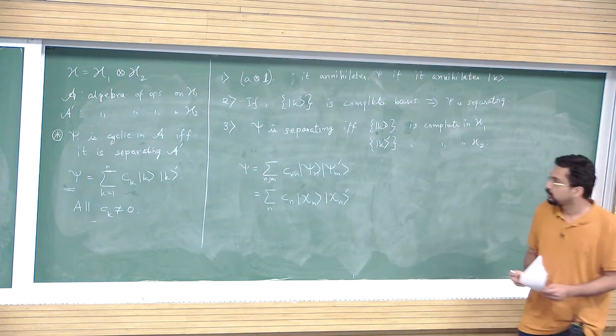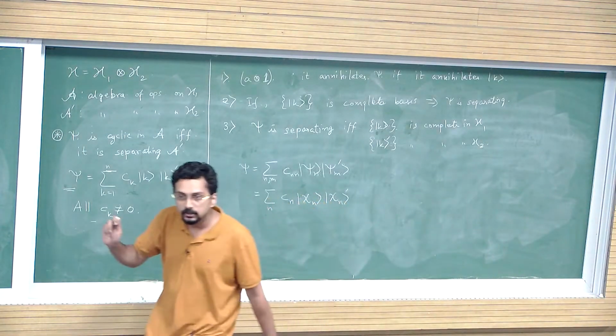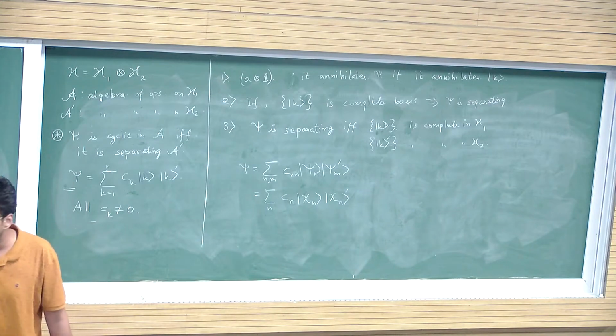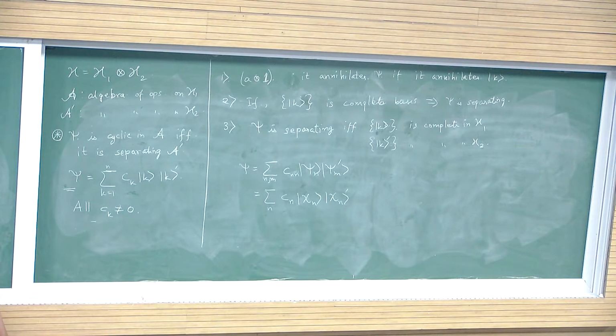Okay. So by the way, these answers. You asked, can there be only one particular cyclic and separating vector? I just showed that anything like this for a finite dimensional case is cyclic and separating in the full Hilbert space.